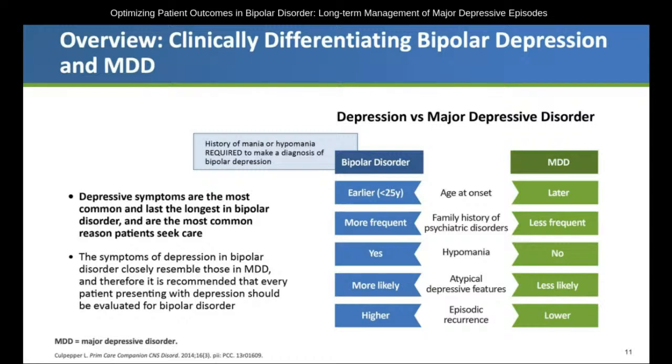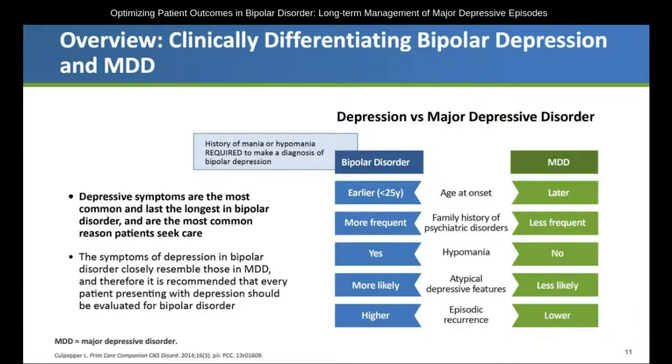Age of onset can be earlier with bipolar. Importantly, the family history of psychiatric disorders, not so much the frequency, but what is that family history, and really unraveling it, particularly if someone has relatives from the 50s, 60s, and 70s, which are beginning to seem very long ago. They may not have been diagnosed bipolar, but they might have had electric shock therapy.